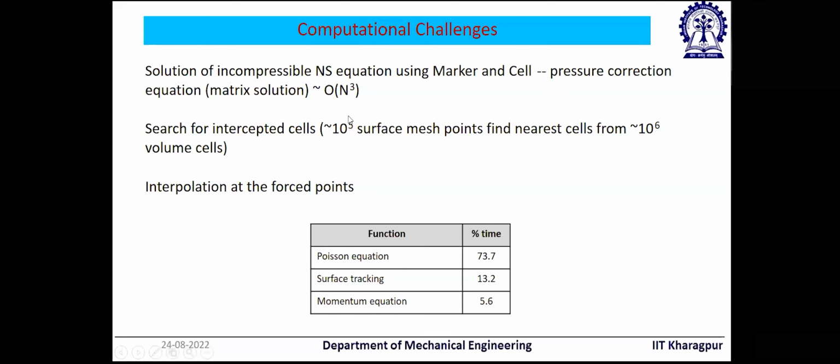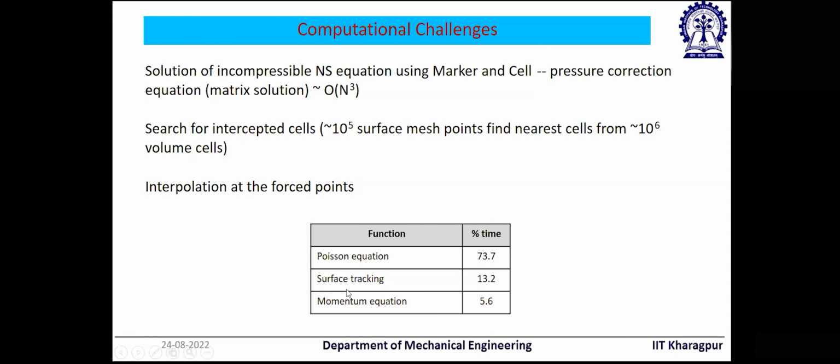Along with that, we have to search for the intercepted cells. Say we have around 10 to the power 5 mesh points and 10 to the power 6 volume cells. This is a very expensive search because each surface mesh point has to find the nearest cell, whether that cell is intercepted or not, and the weights for the interpolation.